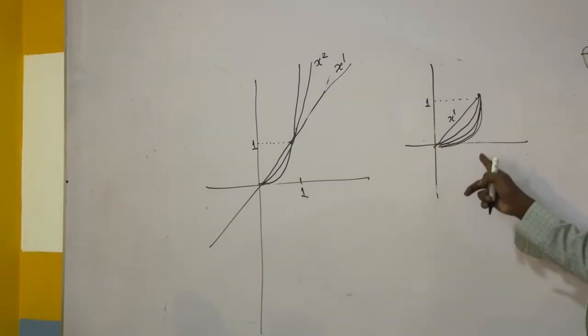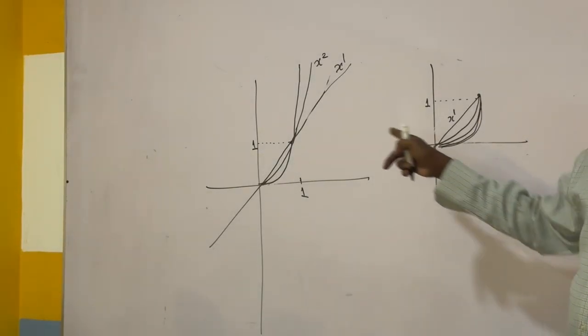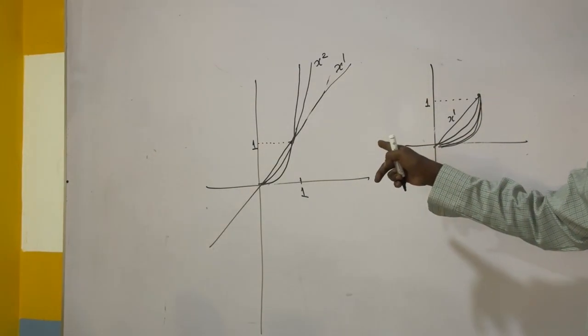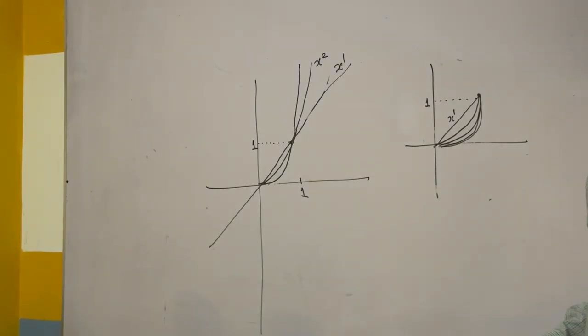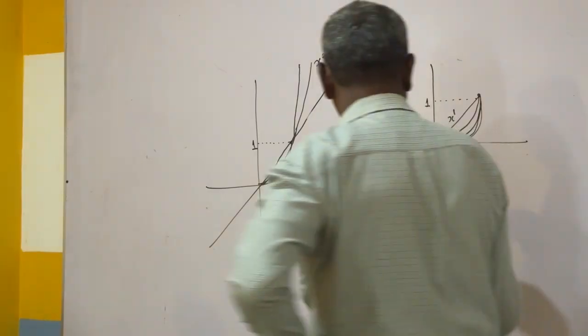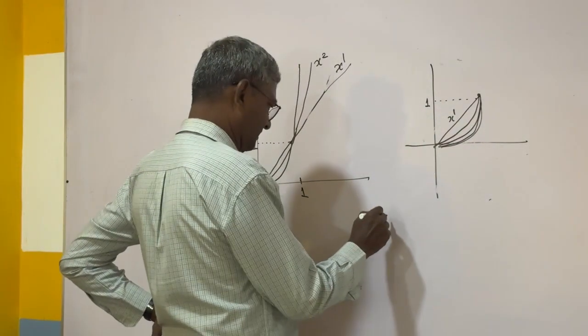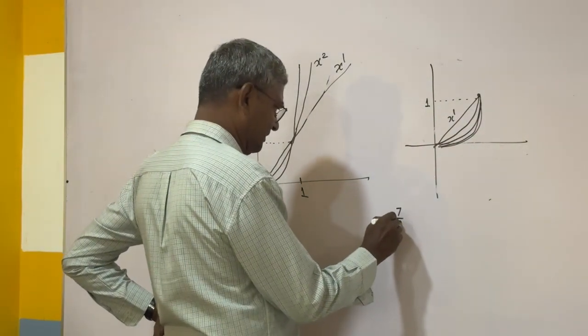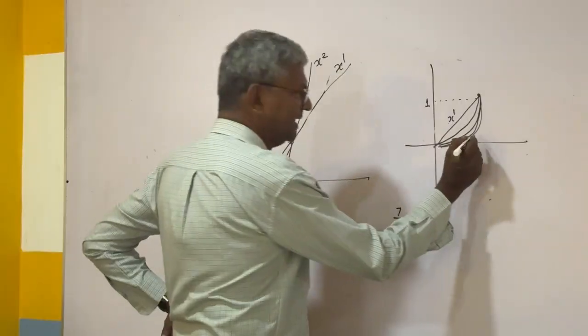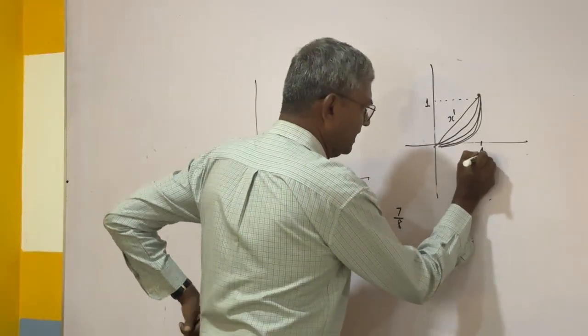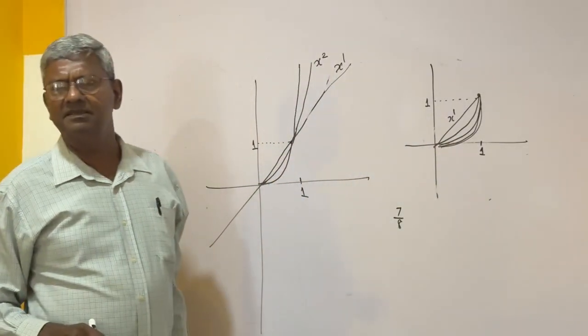Let's take a number somewhat close to 1 from the left. 7 over 8 is somewhat close to 1, no? I'm taking 7 over 8, which is less than 1 and from the left of 1.